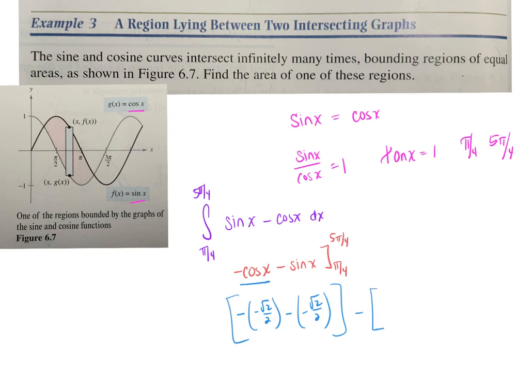When I plug in pi over 4, I just get square root of 2 over 2 minus square root of 2 over 2. You end up with minus a negative. So this becomes 2 square root of 2 over 2 minus a negative 2 square root of 2 over 2. Those 2's cancel. And then you have square root of 2 plus square root of 2, which is just 2 square root of 2.